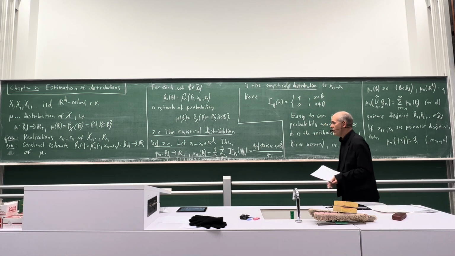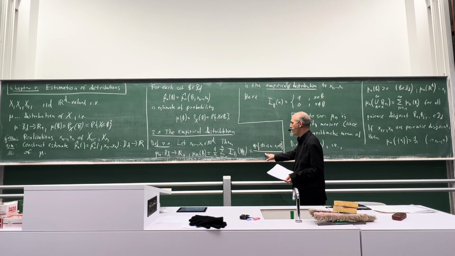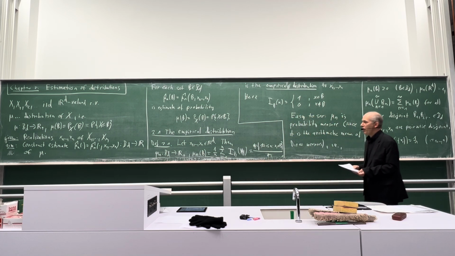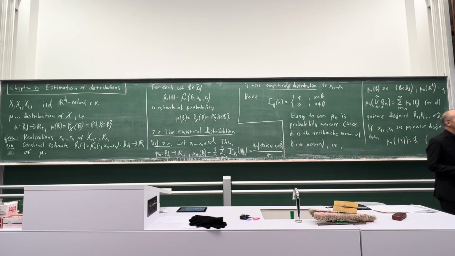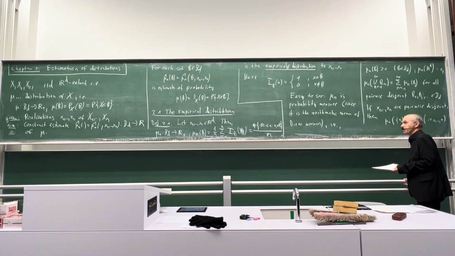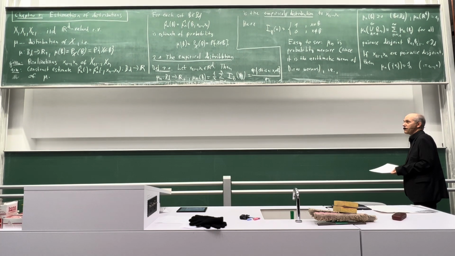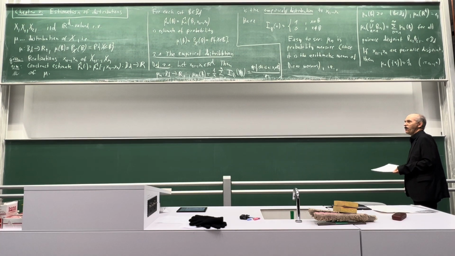Okay, and more generally, we have this formula here. I don't write it again. Mu n of B is the number of indices between 1 and n where xi is in B, divided by n. Now what we are interested in is, can we say something about the quality of the estimate?